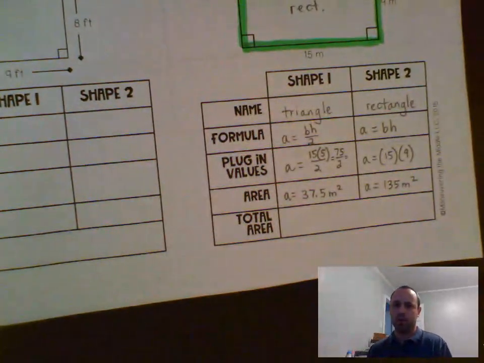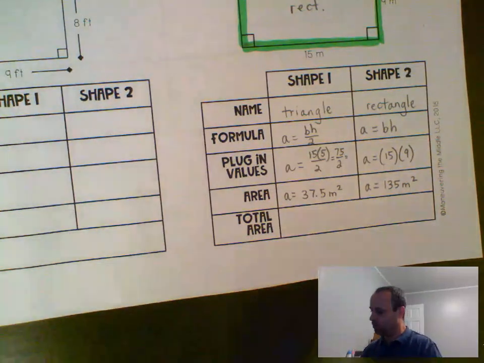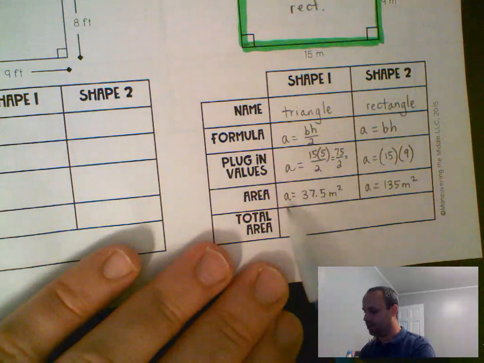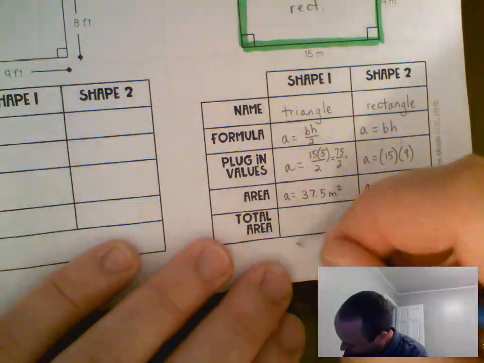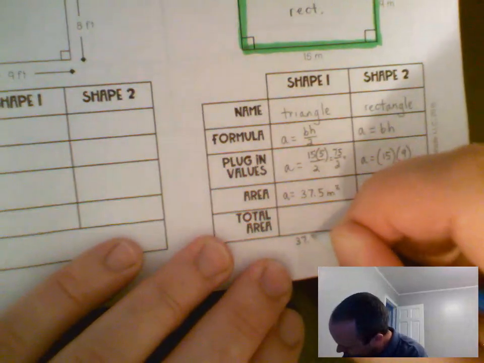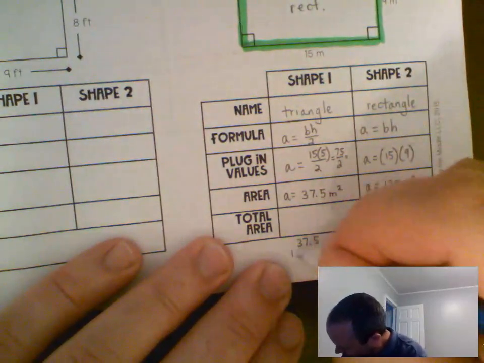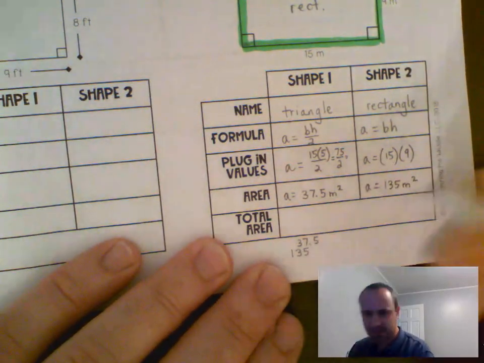Okay. And then to find the total area of that total composite shape, you'd have to add up the area of the triangle plus the area of the rectangle. And some of you guys struggled with this a little bit on your last test.